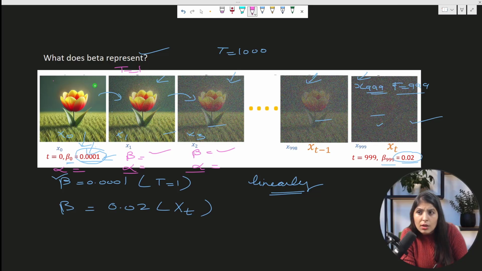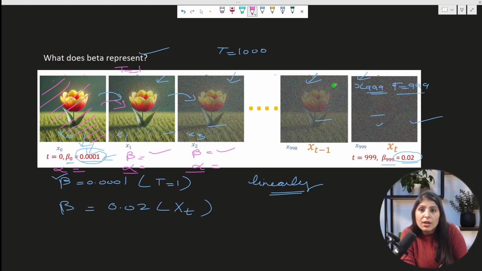How much of the actual information, the information which we have in the original image, do we want to preserve, how much do we want to retain? So over here we added the noise, but we also tell the amount of data in the image you want to preserve.